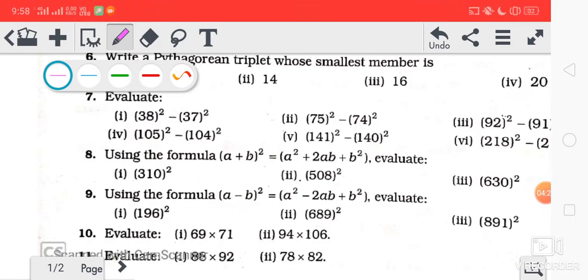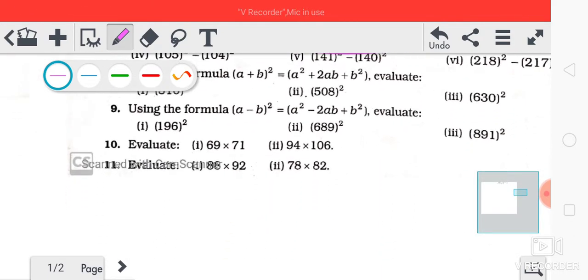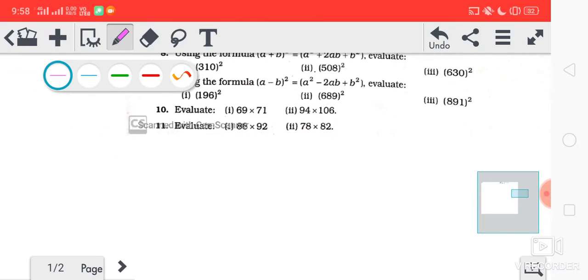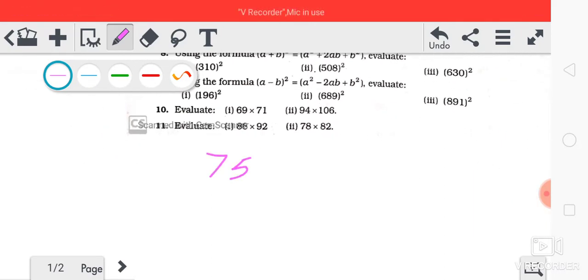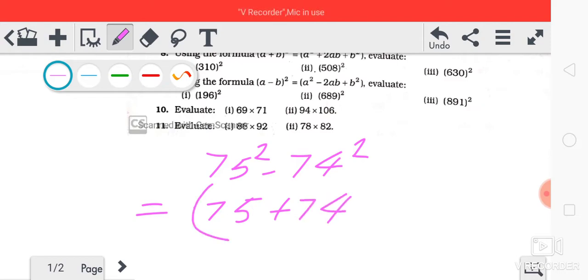Now come to question number 2. What is given? 75 square minus 74 square. Again in the same form, so it can be written as 75 plus 74 into 75 minus 74.